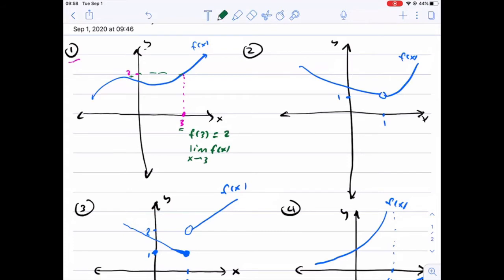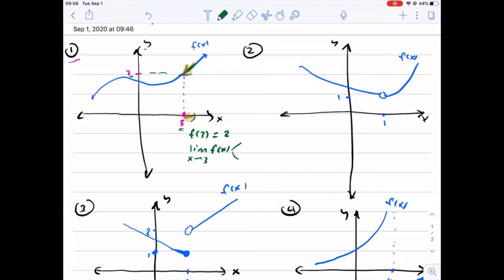As x goes to 3, if we start here to the right of 3, we notice that the graph goes in the direction of, as we approach 3 from the right, what happens to the values of the function? They approach 2 from the right, from above.